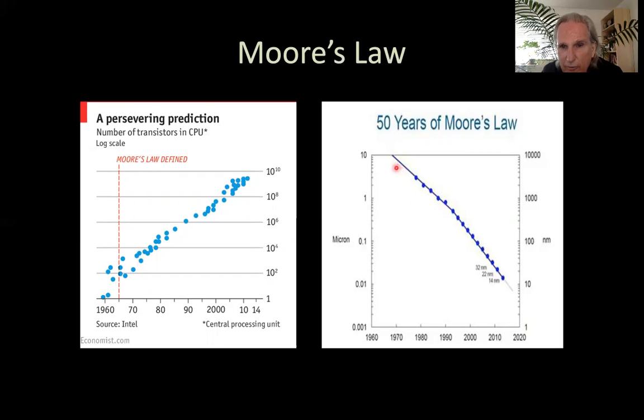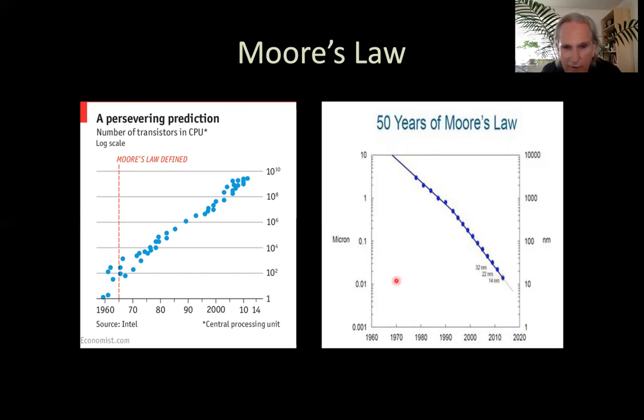It's starting to trail off a little bit. This is the size, what's called the standard node size. In order to get more transistors, we've had to go to a smaller and smaller gate length of CMOS transistors. So this is saying the size scale has gotten smaller, the minimum feature size.